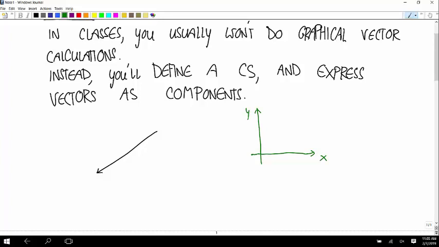But let's say we're using this one for now. There's the negative x-axis. There's the negative y-axis.